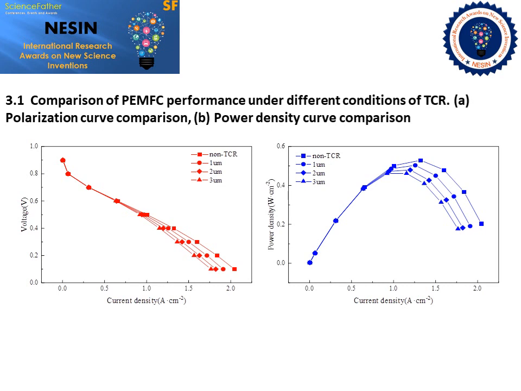The cell power density of the no TCR operating condition is largest when the cell current density is higher than 1, and the cell power density of PEMFC gradually decreases with increase of TCR between components.